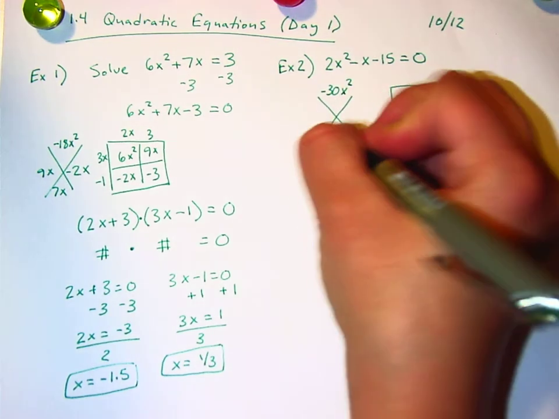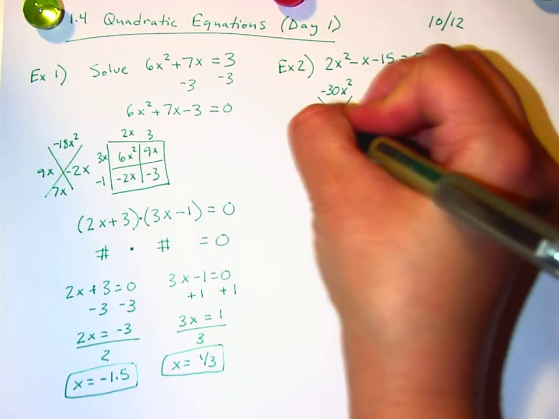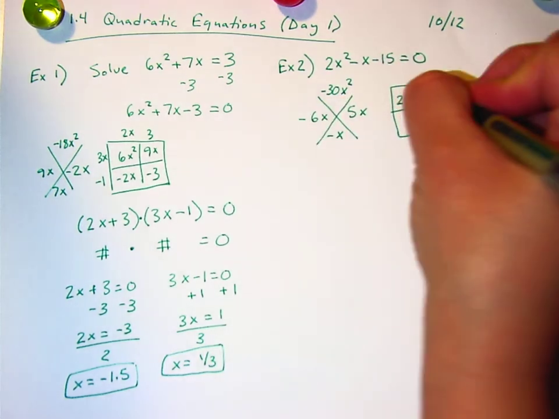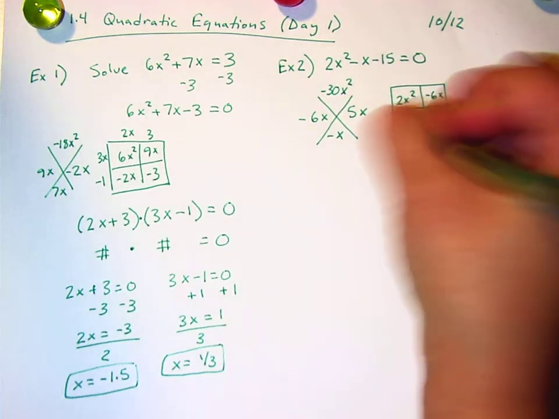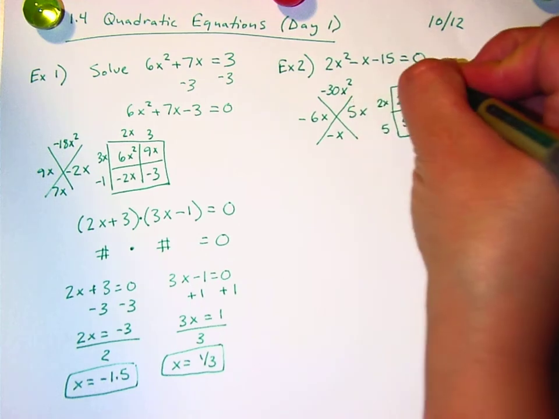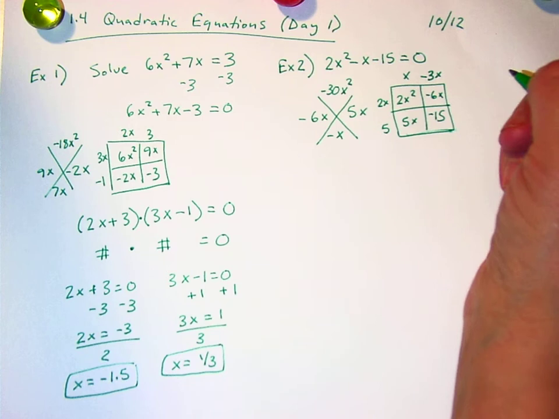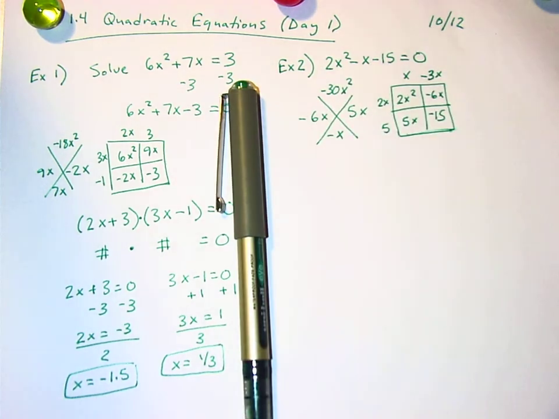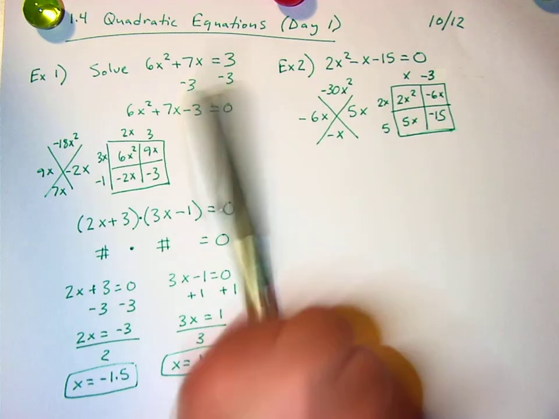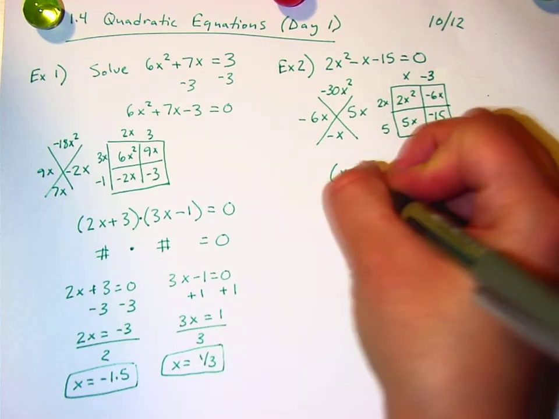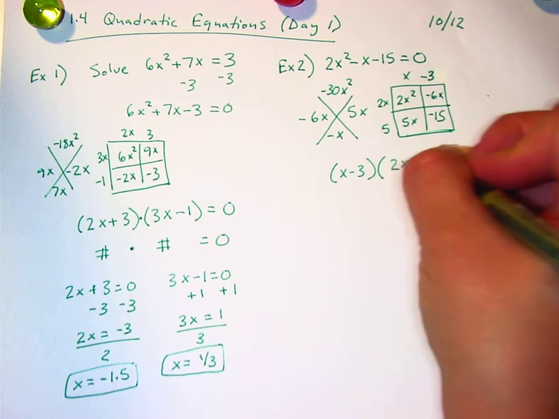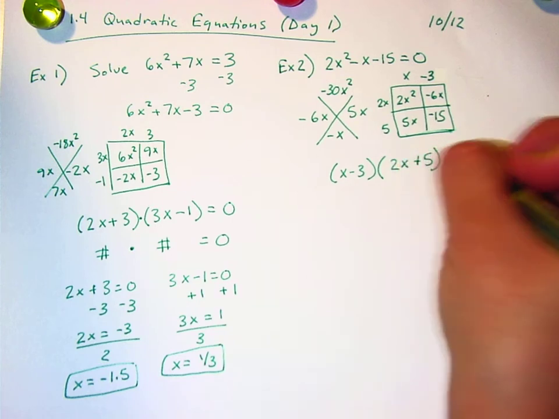Welcome back, I assume. Seeing if your answer matches mine. Alright, I got the factors x minus 3 and 2x plus 5.